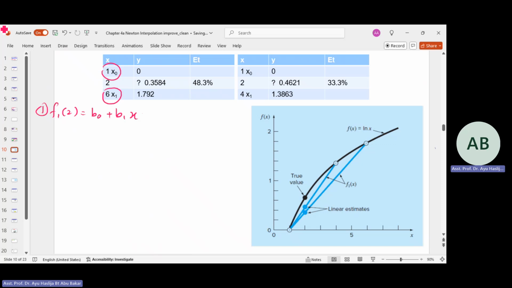B0 is equivalent to y0 or f(x0), which is 0. Then B1, using the slope equation, which is f(x1) minus f(x0) over x1 minus x0.